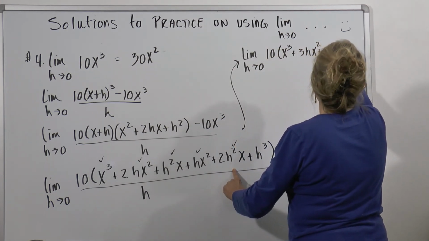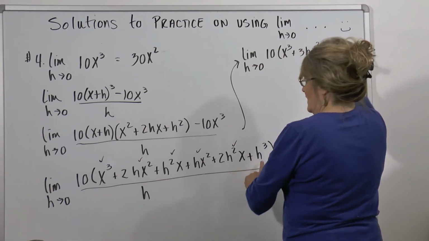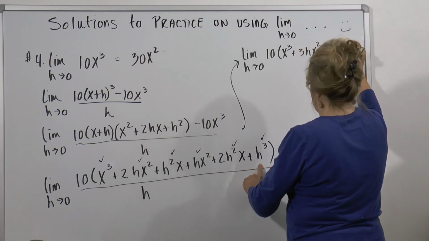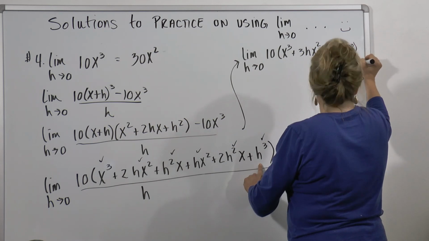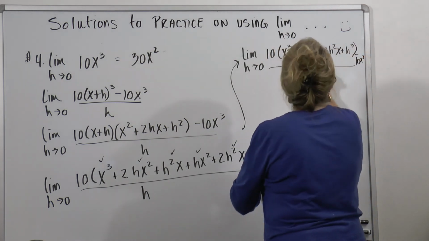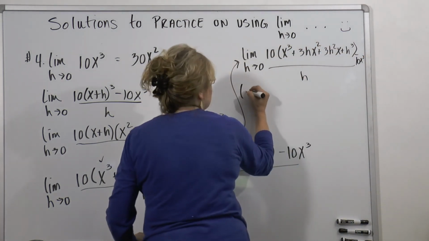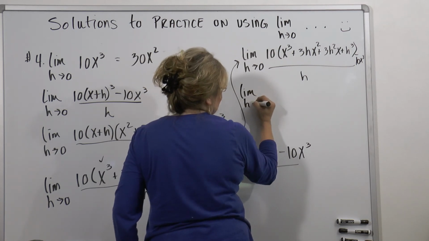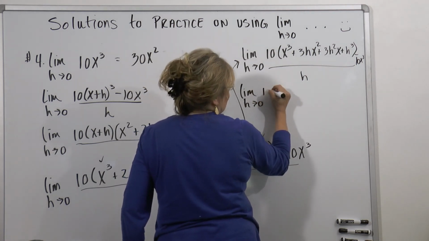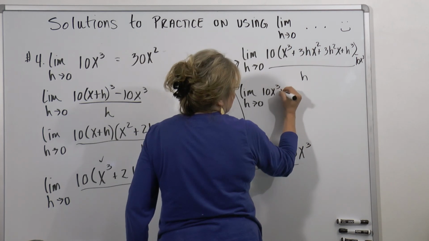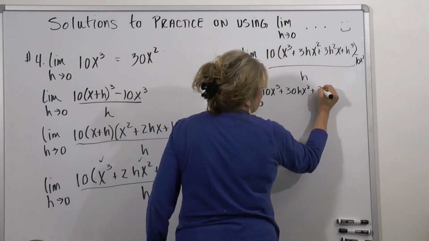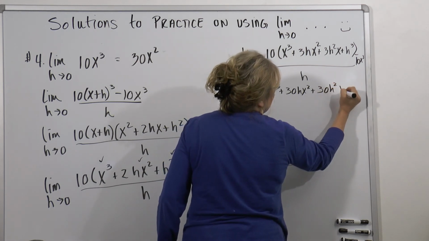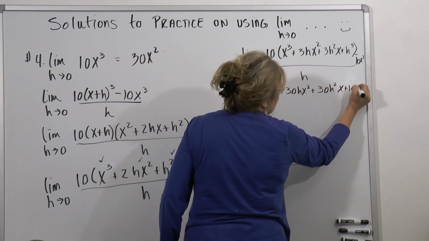That's a 3h squared x. And then I have my h cubed, and then I have minus 10x cubed over h. Okay, so now I'm going to distribute the 10. So 10x to the third plus 30hx squared plus 30h squared x plus 10h to the third.